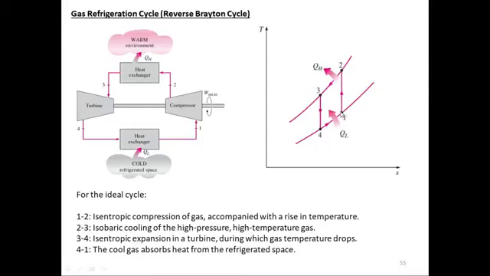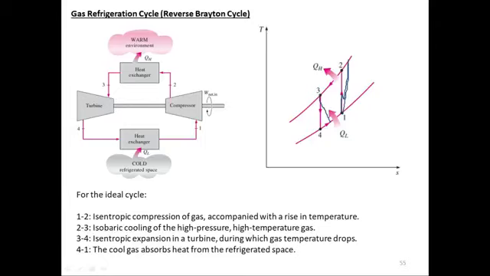So from 1 to 2, if its entropy increases, it will go in this fashion, and the compression process will be like here. And when it is expanding, it will not be an isentropic process, so the entropy will increase and it will come like this. So overall, the cooling effect produced will be reduced in the actual cycle as compared to the ideal cycle.